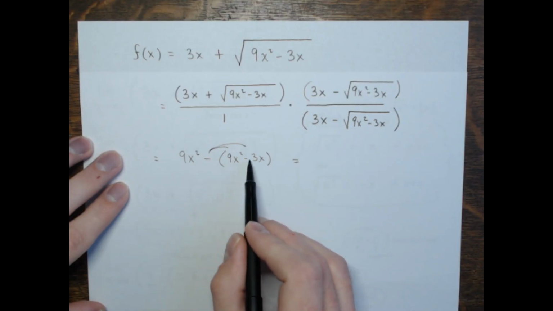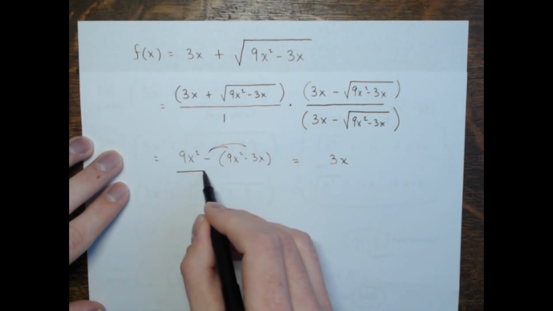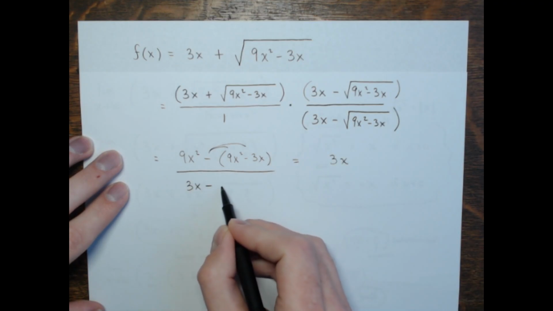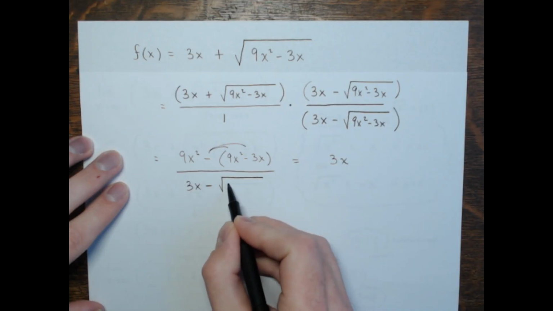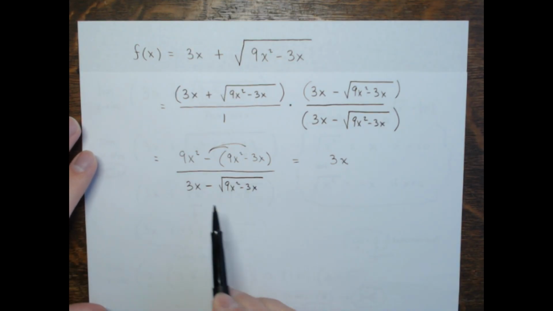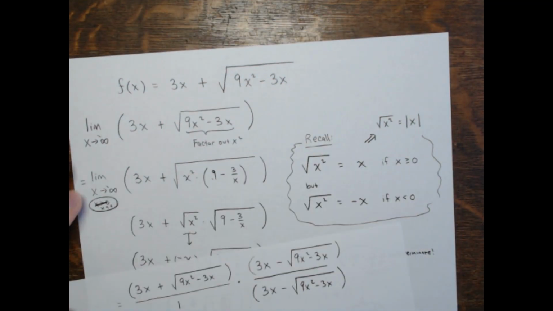And then minus negative 3x, the numerator simplifies to just 3x now. And the denominator is this conjugate thing.